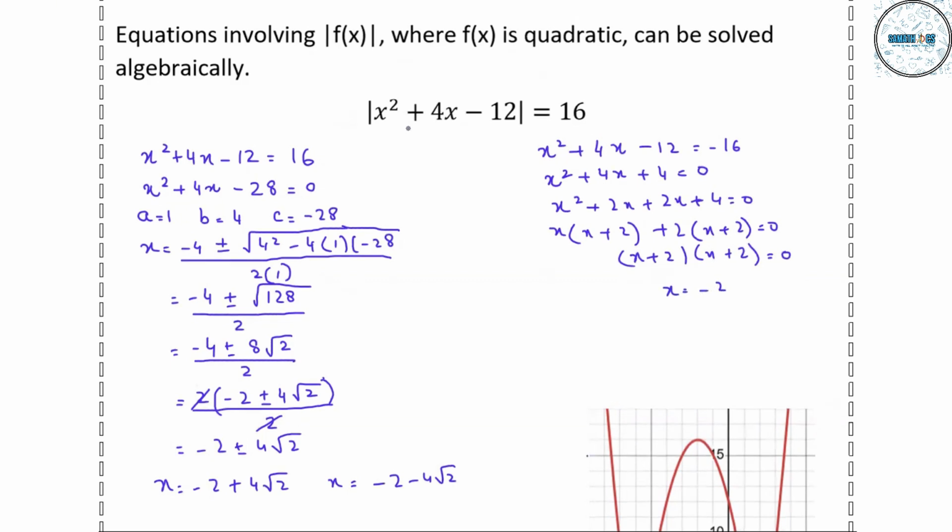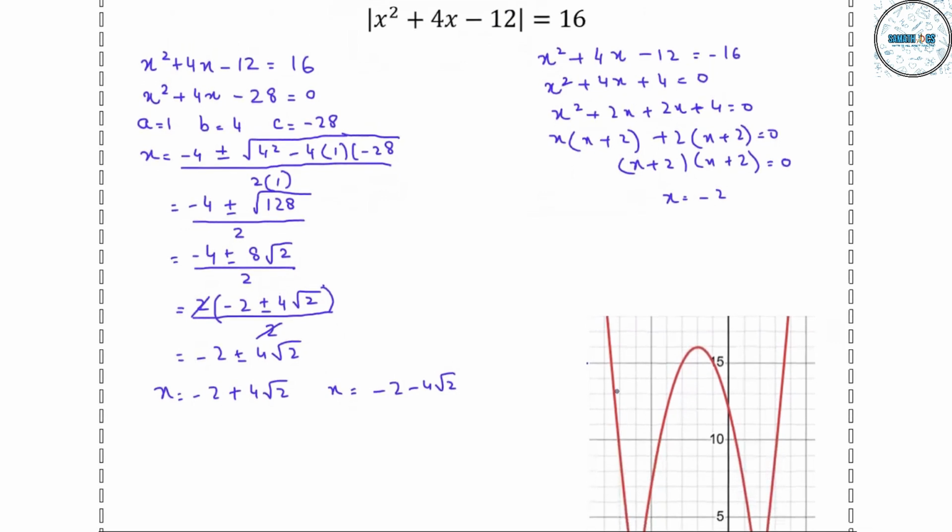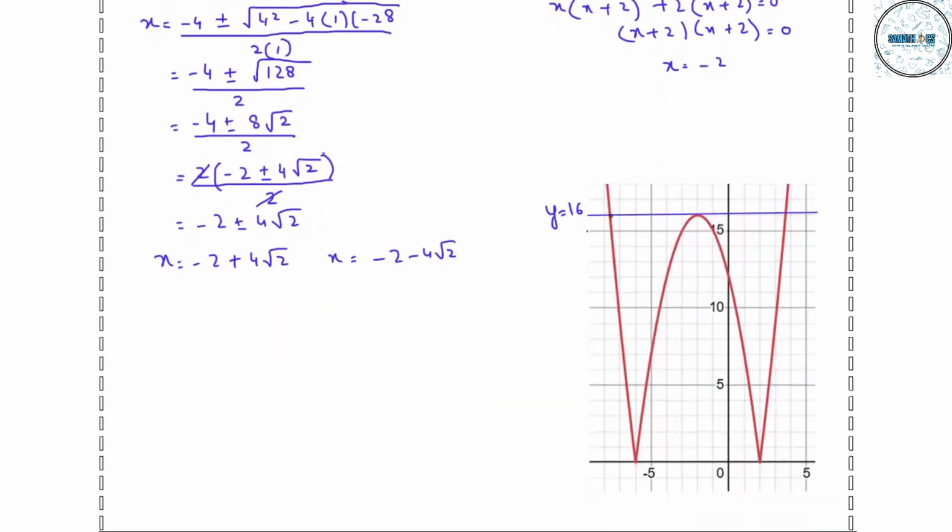Absolute of x square plus 4x minus 12 is equal to 16 means where the graph of the absolute function intersects the line y is equal to 16. So you can see it's intersecting the graph at 3 different points. One is this.